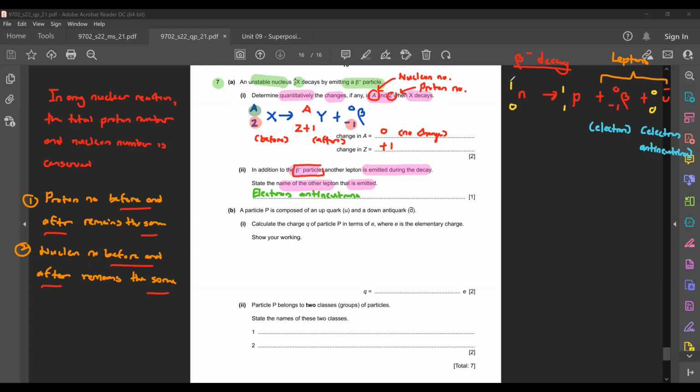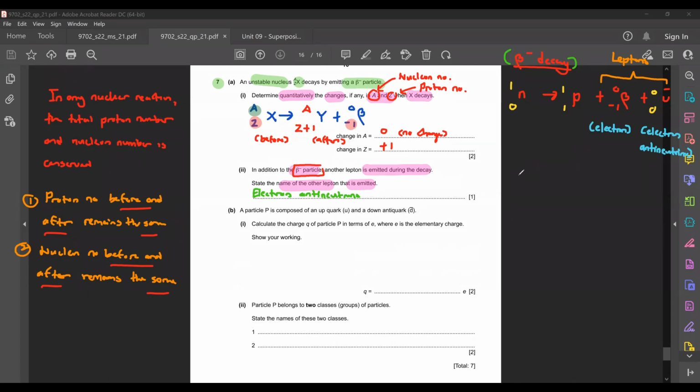Okay, now beta minus decay is this. What about beta plus decay? Now, for particle physics, it is very important for you to remember beta plus decay and beta minus decay. But one of the main issues that people face is they are confused which one should be which. Whether should it be neutron changing to proton first or proton changing to neutron first for the beta plus and beta minus decay. So there's an easy way to remember which is which. This is what I'm going to teach you now.